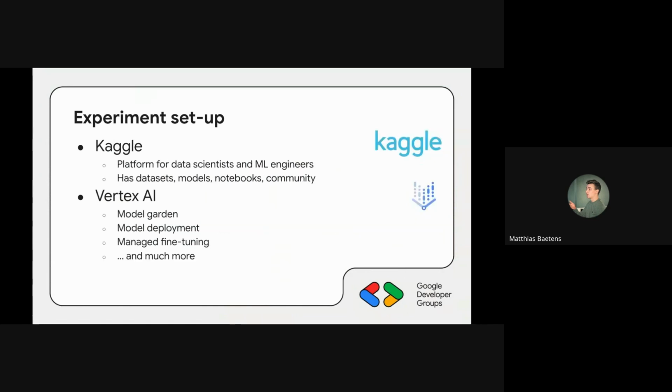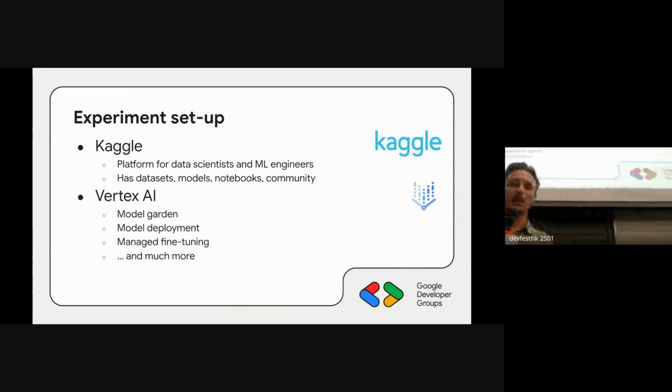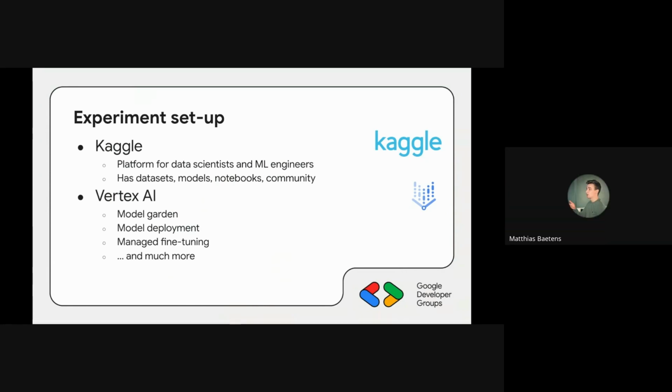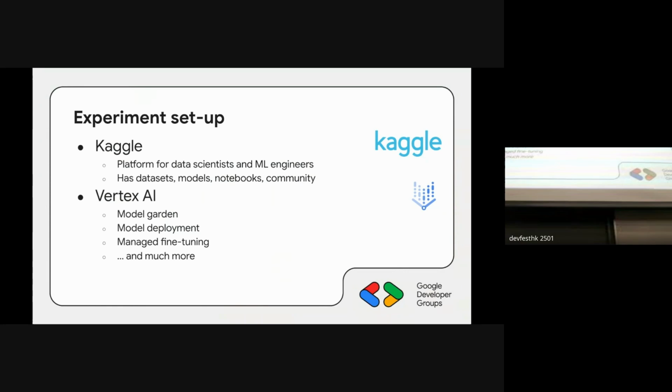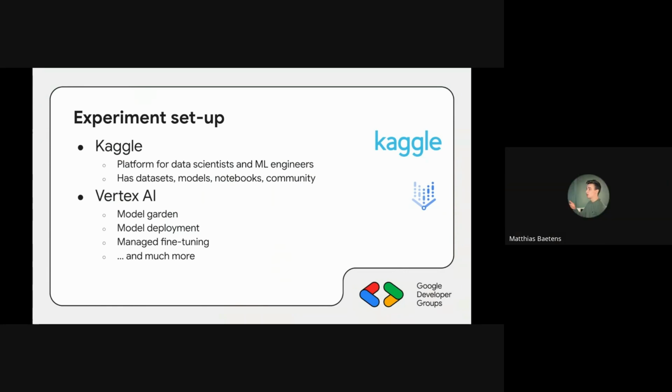I got my model from Kaggle, which has a lot of other stuff, datasets, other models, with community tooling and pre-trained models, which is quite interesting. And then lastly, deployment on Vertex AI. So there you can take a model, you can play with it, but also deploy it, and when it's fine-tuned, you don't want to go through all the trouble of deploying it yourself.